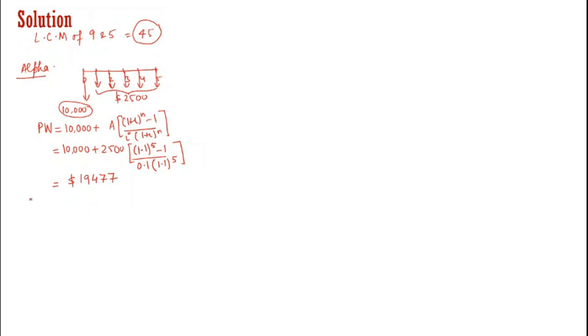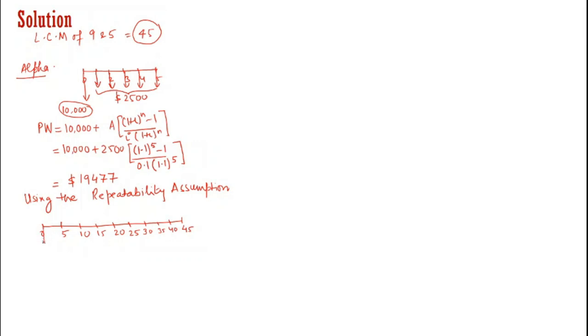Now with the repeatability assumption, that is, if I extend this cash flow for 45 years, 0, and this is 45, I draw it in multiples of 5: 5, 10, 15, 20, 25, 30, 35, 40.